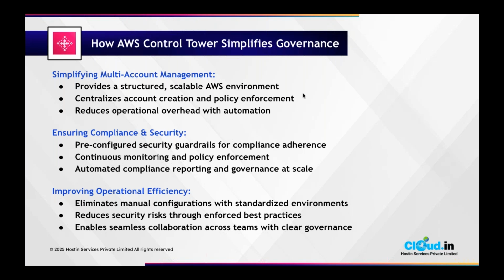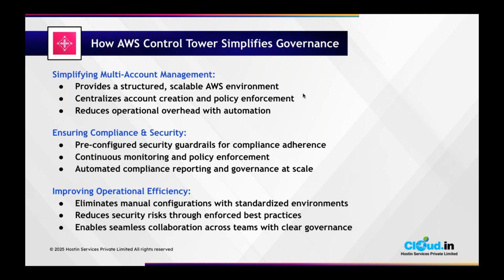Next is ensuring compliance and security. Security is the major concern and the major focus area of every organization or every company. Security and compliance are the top concerns for each organization using the cloud.